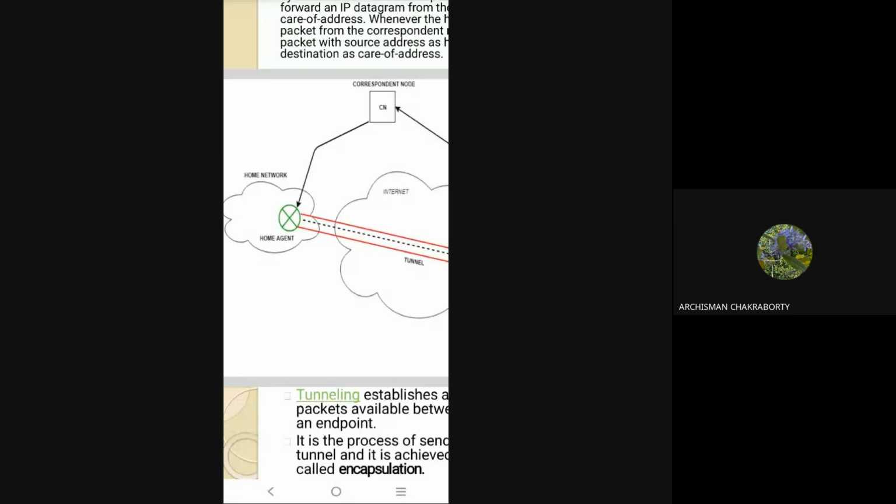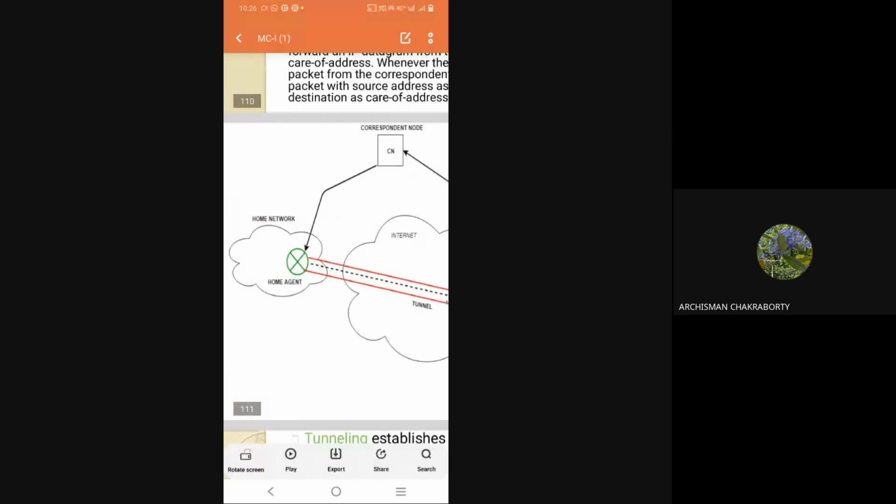Now CN is sending data to a mobile node, which comes to the home agent of that node. So see, now the correspondent node is sending data to the home agent.